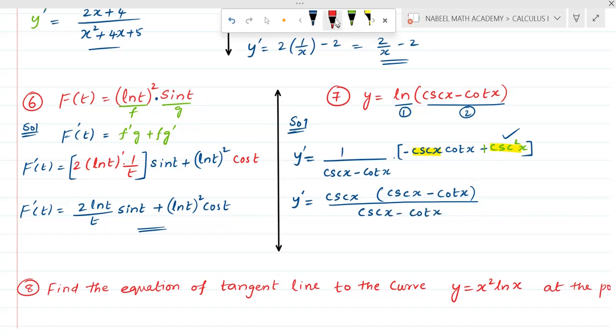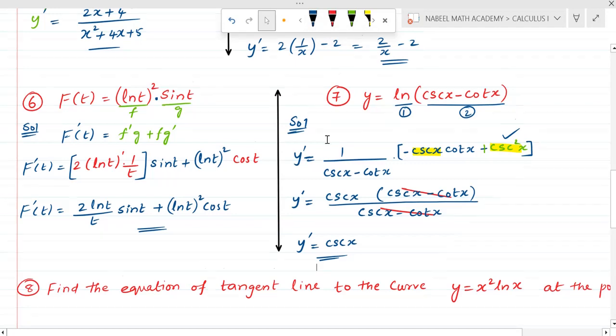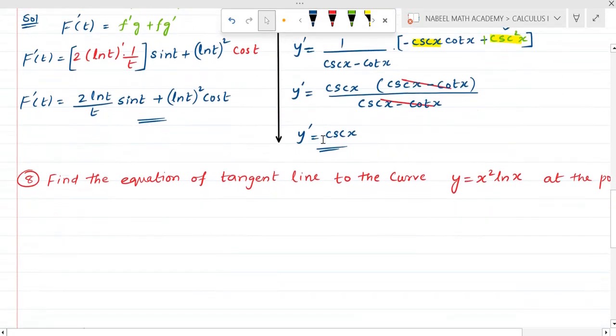Now the minus with the minus cancels. So what is this here? Y prime is equal to cosec x. That's it. Simplification using the common factor is compulsory, you have to do it.